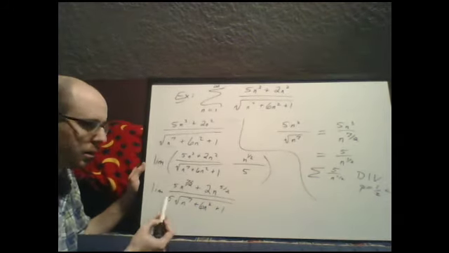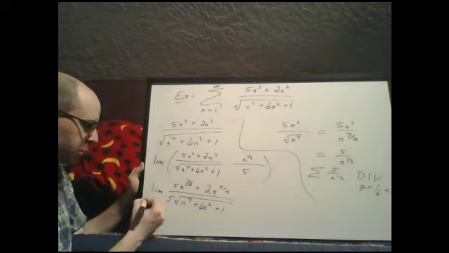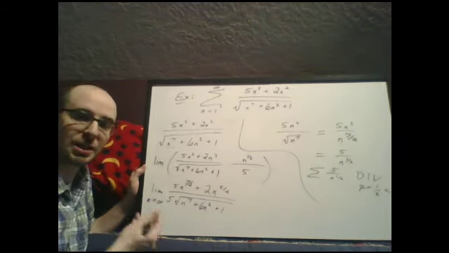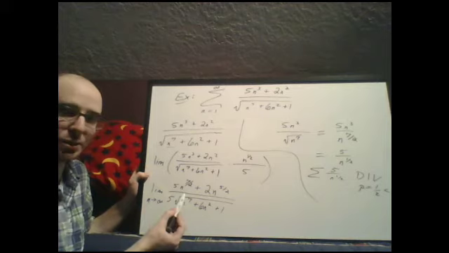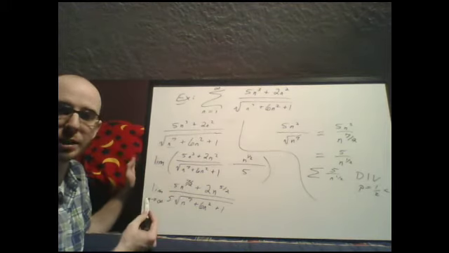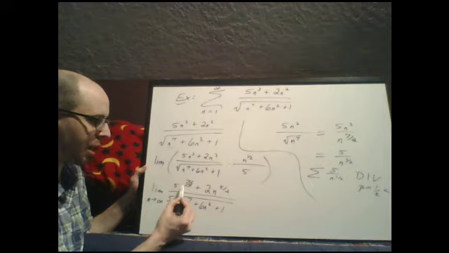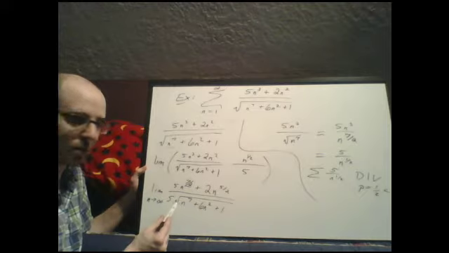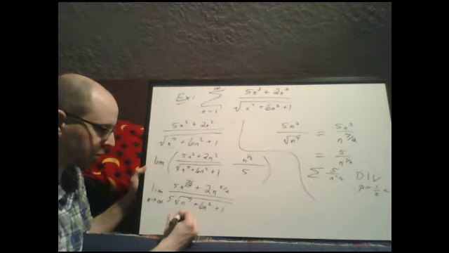Okay, so the limit of this as n goes to infinity, this is not a rational function, but it does involve powers of n. And so you look at the degrees, the largest power of n. On the top, it's 7/2. On the bottom, we have n to the 7th, but it's inside of a square root. So it's really n to the 7/2 on the bottom as well.